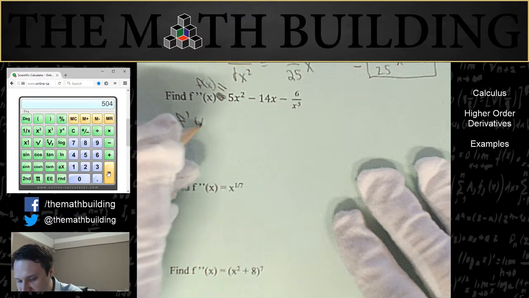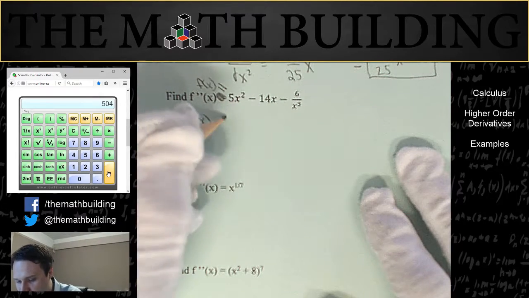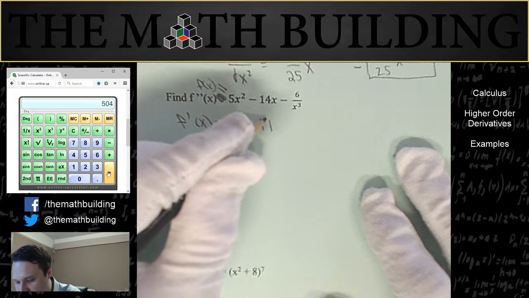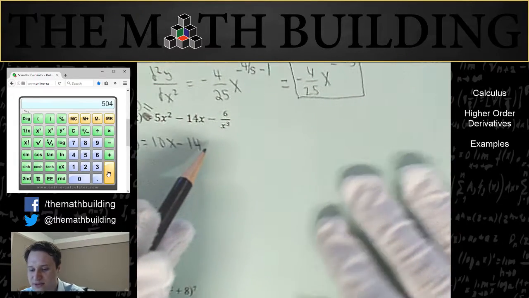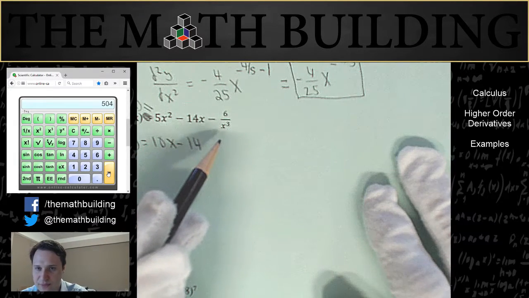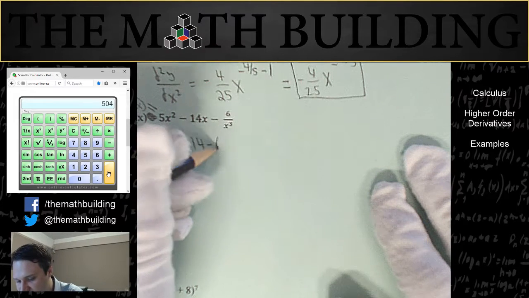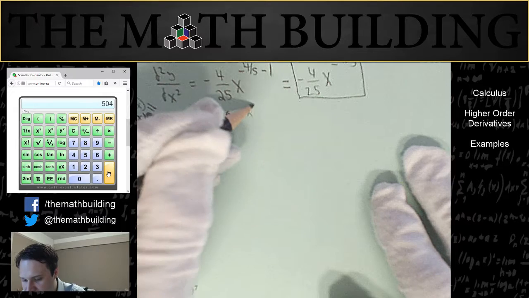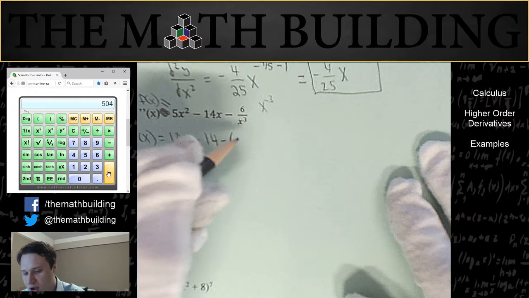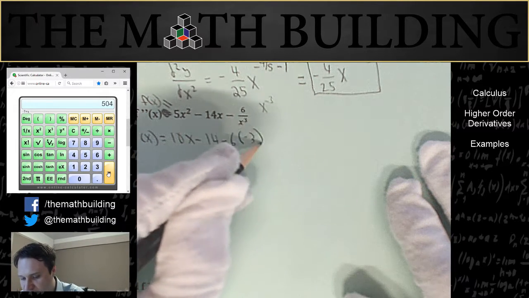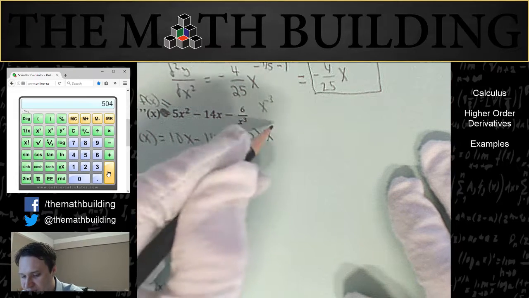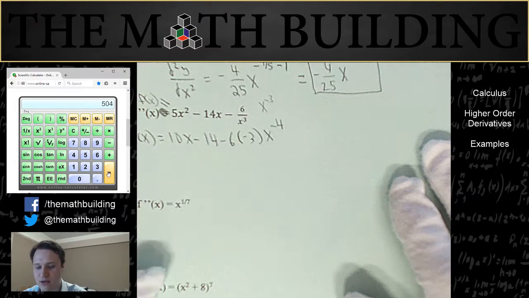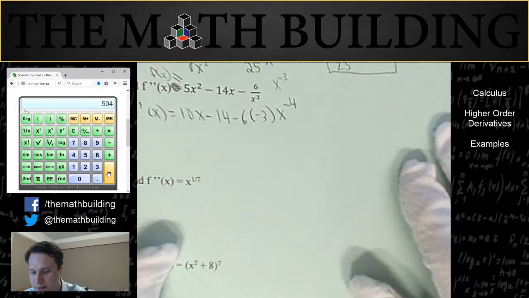So the first derivative is going to equal 10x minus 14. So what would this equal? First off, we have negative 6, which is kind of like a constant, so let's pull that off. Remember, this would be like x to the negative 3. So we would multiply by negative 3, and then it would be x to the negative 4, because we dropped that power by 1.